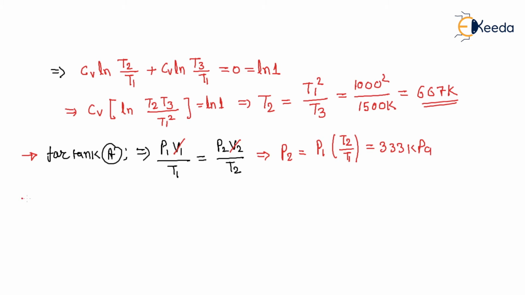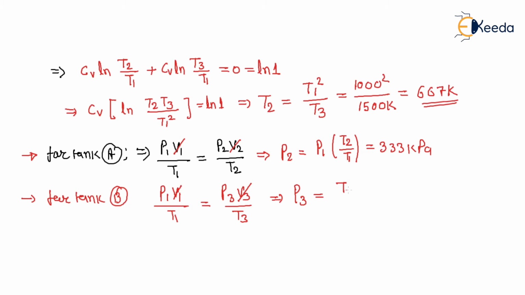Now for tank B, P1 V1 by T1 is equal to P3 V3 by T3. Since volume is constant, this will be 0. So what is your P3?